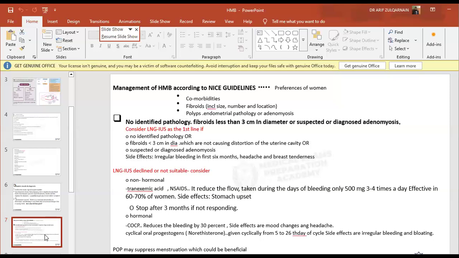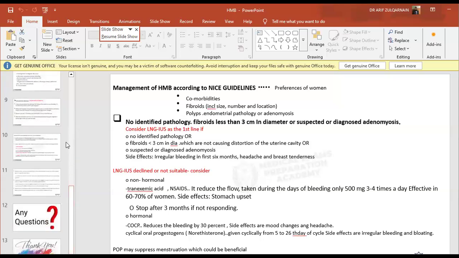And the second hormonal treatment option is cyclical oral progesterone, that is norethisterone, and it is given cyclically from 5th to 26th day of the cycle, and side effects are bleeding and bloating. So briefly, you will tell the option, the advantage, and the disadvantage.